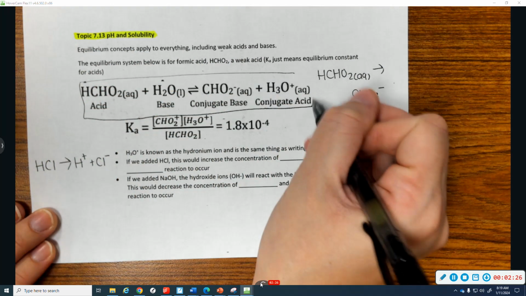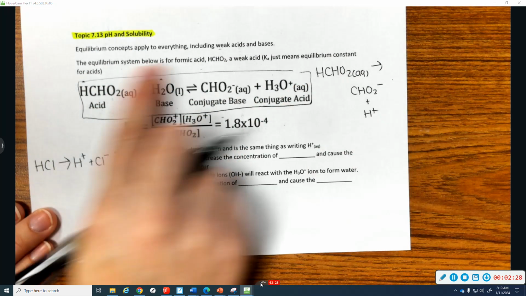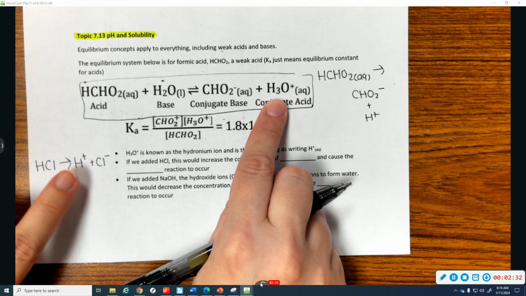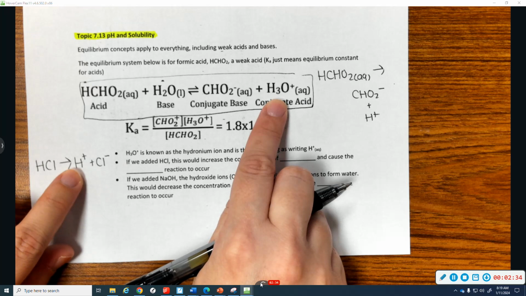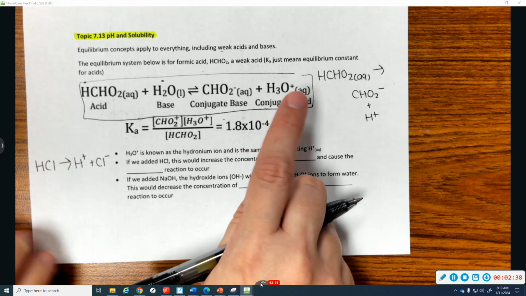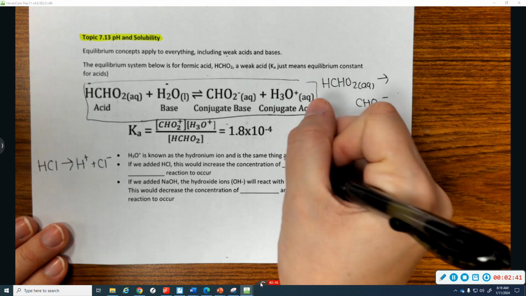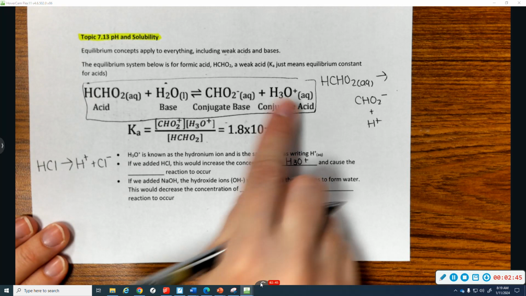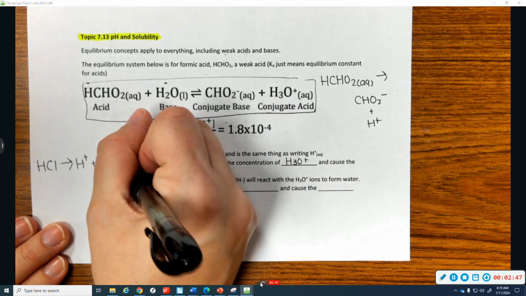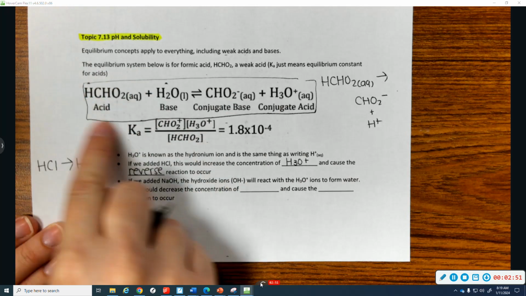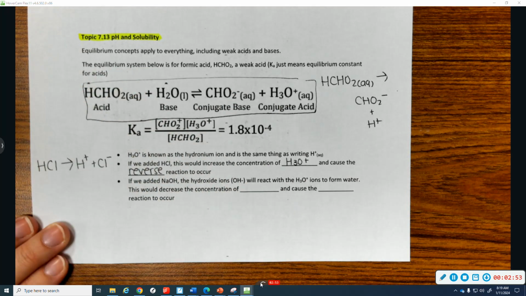Well, if I put HCl into this, that means I'm adding hydronium ions, because HCl dissociates into hydrogen, which, remember, we said hydrogen, hydronium, same thing. So I've added hydronium ions. That would increase the concentration of hydronium, which will cause the reverse reaction to occur. So you're going to have more formic acid molecules formed.